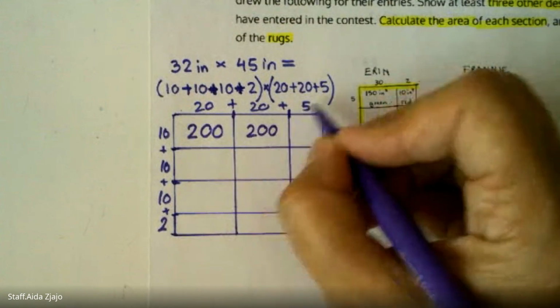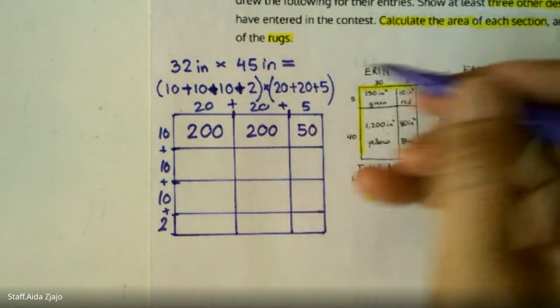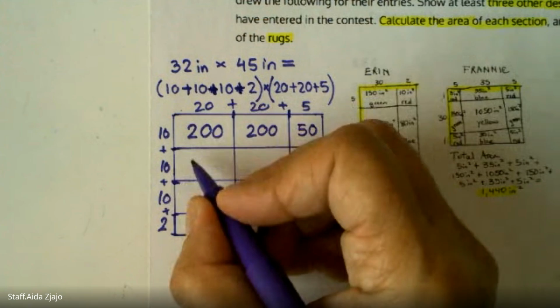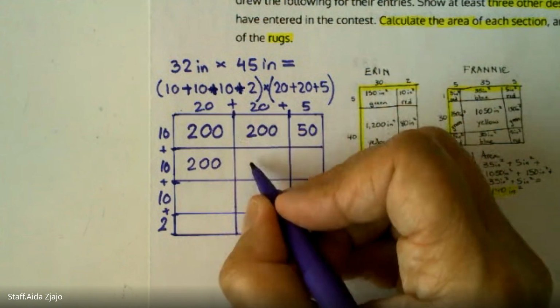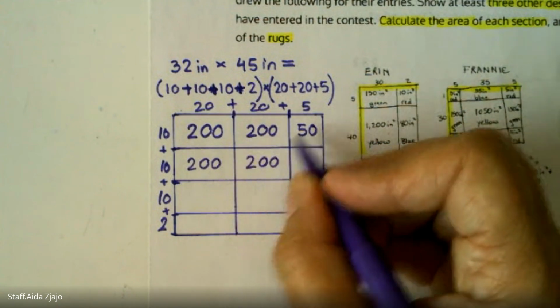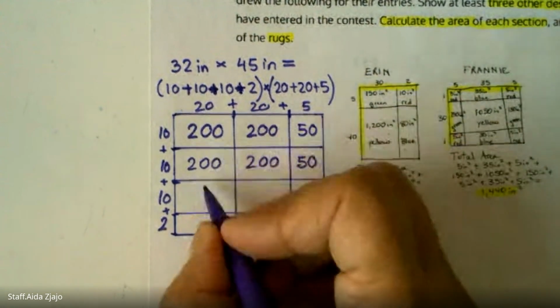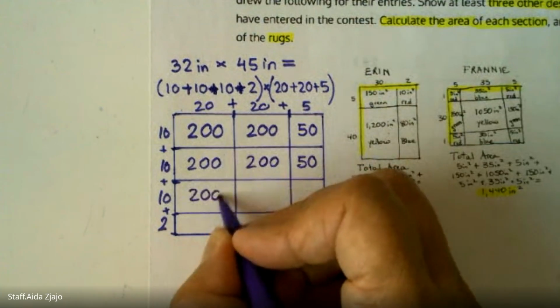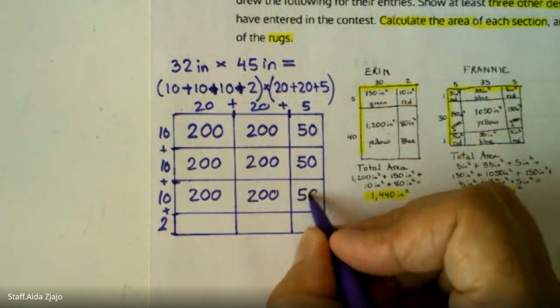And 10 times 5 is 50. Again, 10 times 20 is 200, 10 times 20 is 200, and 10 times 5 is 50. 10 times 20 is 200, and 10 times 20 is 200, and 50.